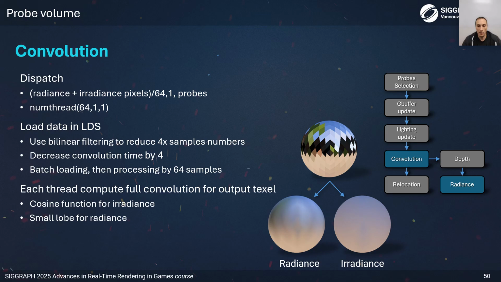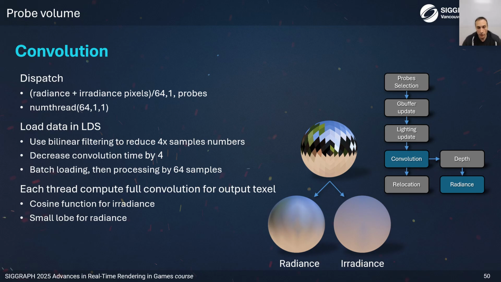And while doing so, we use the bilinear filtering hardware to fetch 4 texture samples at the same time, and then we convolve that value. Doing so, we reduce by 4 the number of texels that need to be convolved, and we have a 4x speed up for that pass.